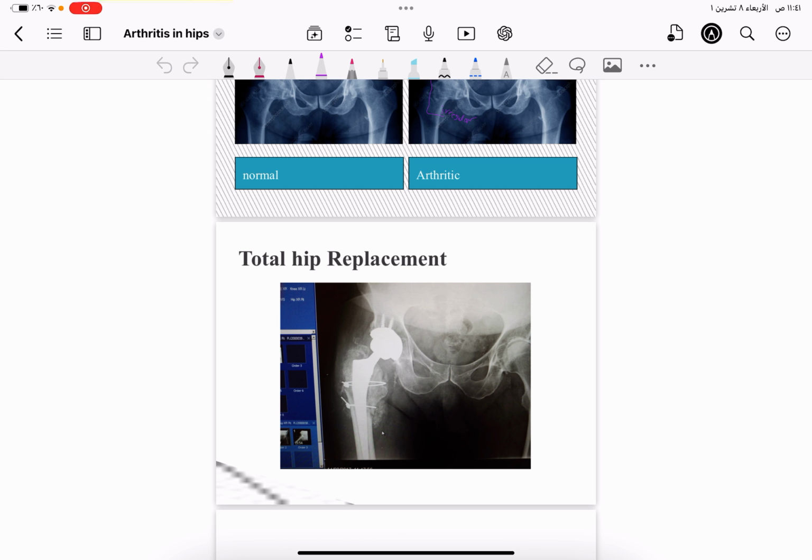Or you convert the joint to a fibrotic joint, where it moves but there is no proper joint. Or you replace the joint. And again go systematically, depending on the joint, this is a big joint.